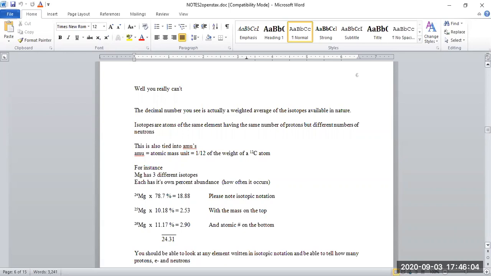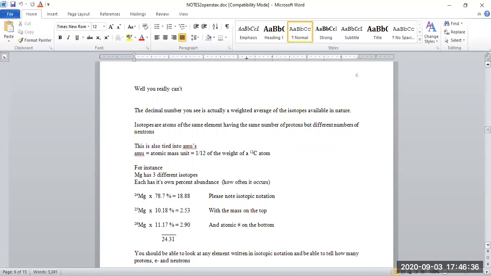This is a common way of writing an element so that you can tell which isotope you have. I can't easily get Word to show the bottom number at the same time as the top number. Carbon is number 6 on the periodic table, and in your textbook you will see the 12 over top of the 6.